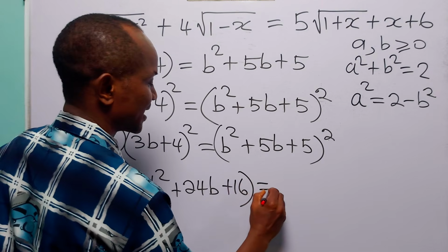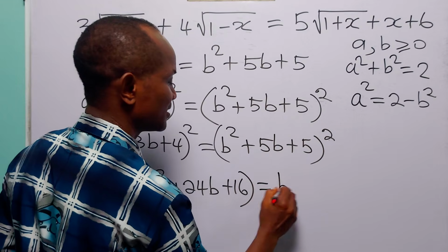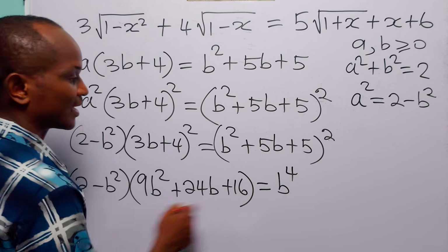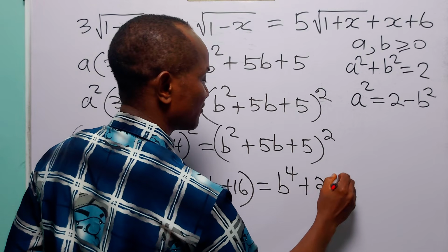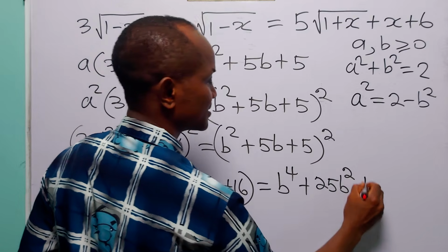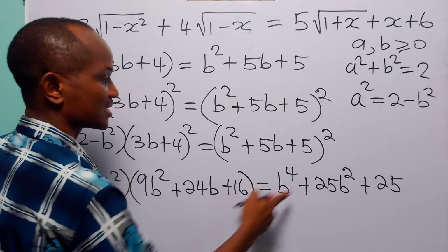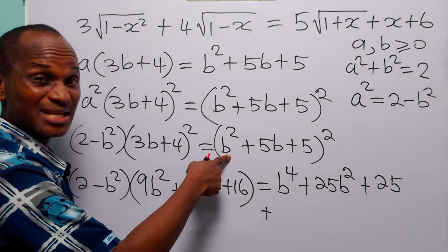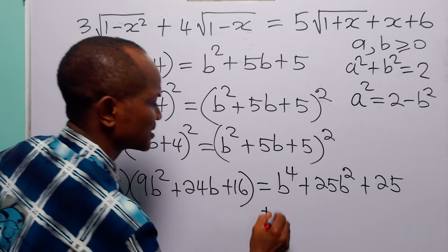Now this is equal to b squared squared is b to the power 4. 5b squared is 25b squared. 5 squared is 25. Then we have plus 2 times b squared times 5b.